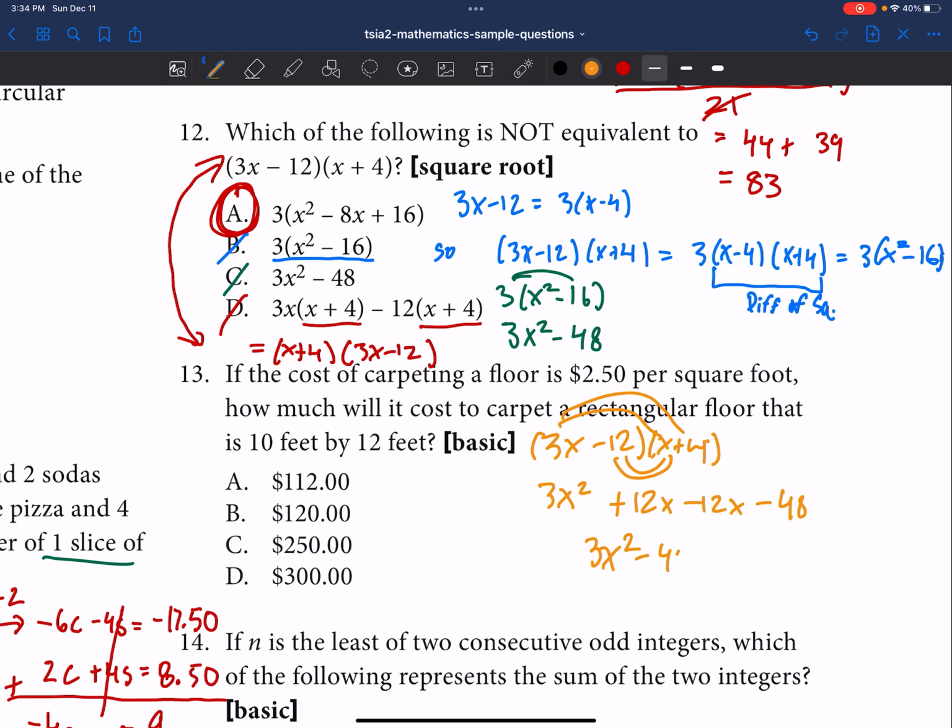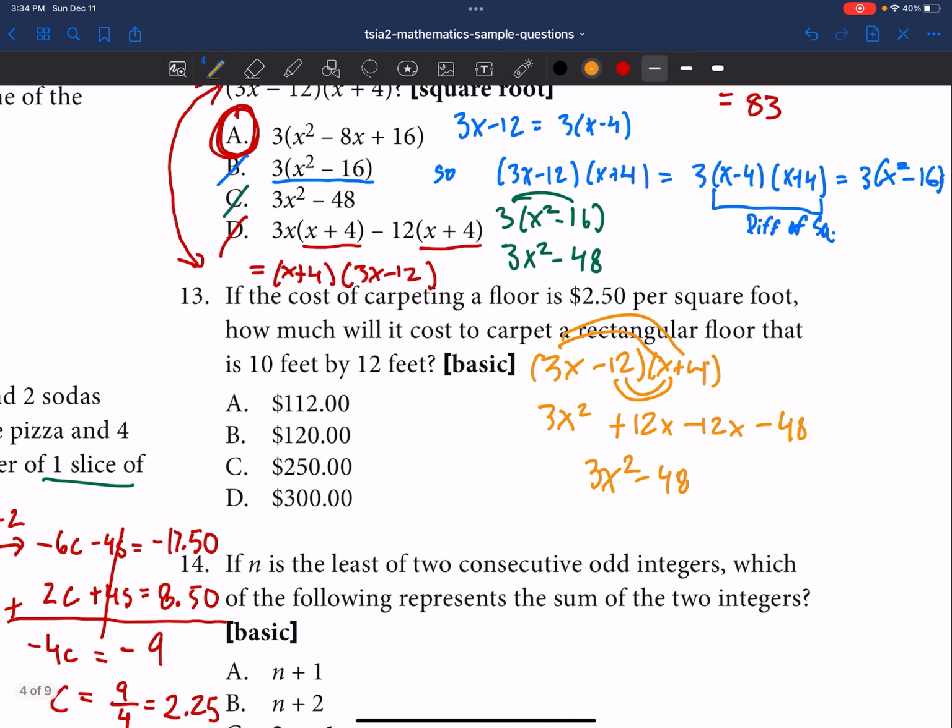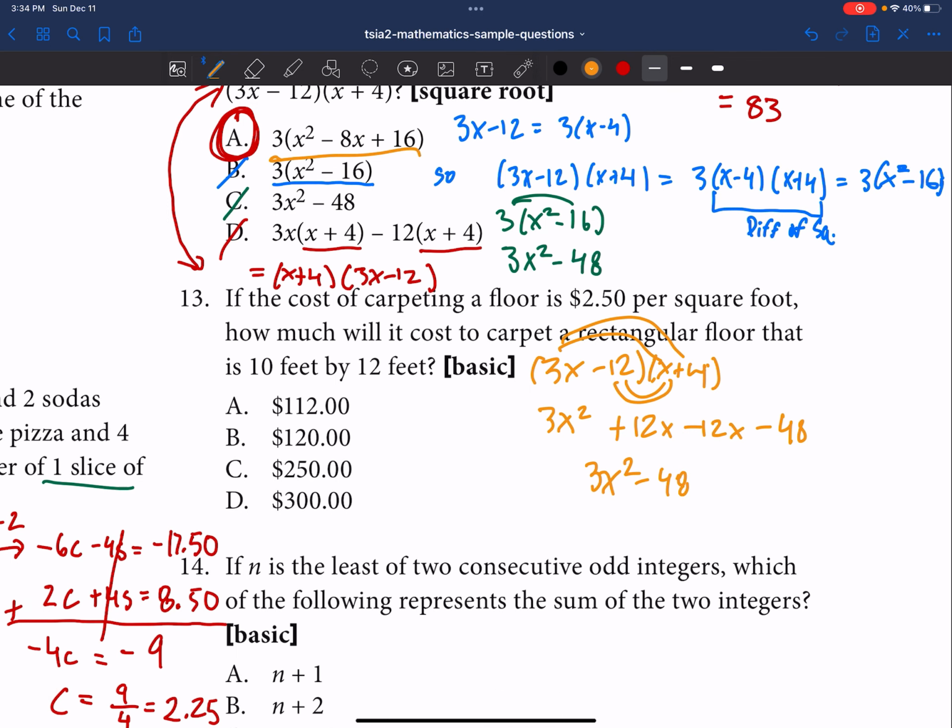3x squared minus 48. Versus, if you take 3 times this, you do 3 times x squared, so that's 3x squared, minus 24x plus 48 by distributing that last one. And you would see that this and this are not equivalent.